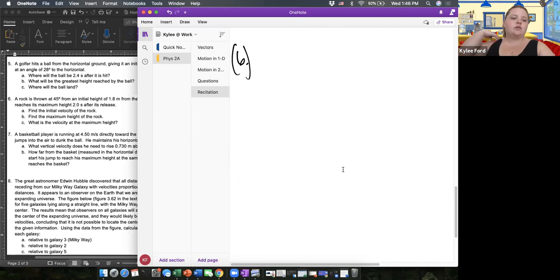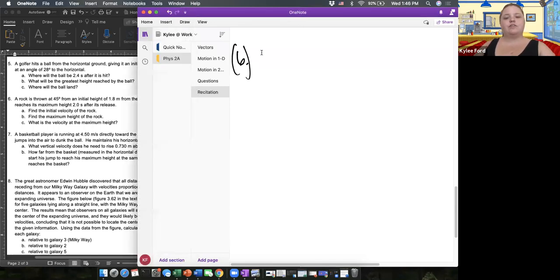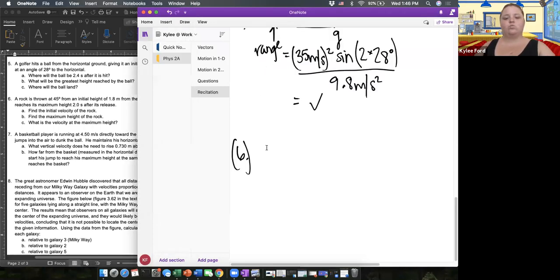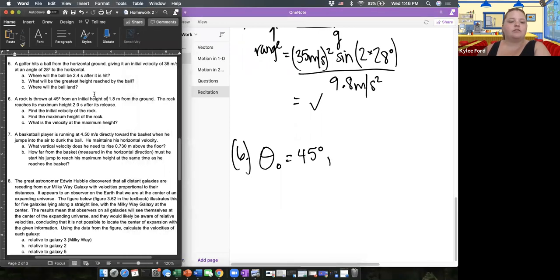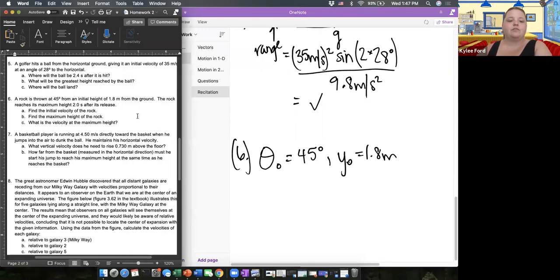Okay, so a rock is thrown at an angle, 45 degrees. At a height, so I'm gonna call that Y naught, of 1.8 meters from the ground.